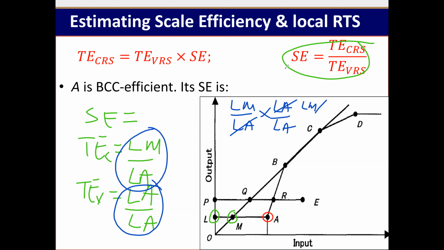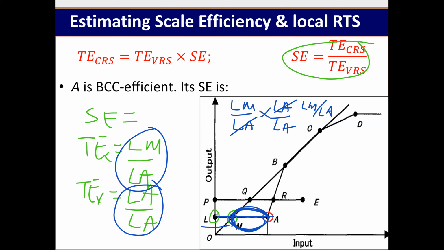LM over LA. What is LM over LA? When you look here, LM is the distance from this one to that, divided by LA, which is what? Distance from this section to this section. So the scale efficiency is that gap that you see, that gap between the CRS frontier and the VRS frontier.